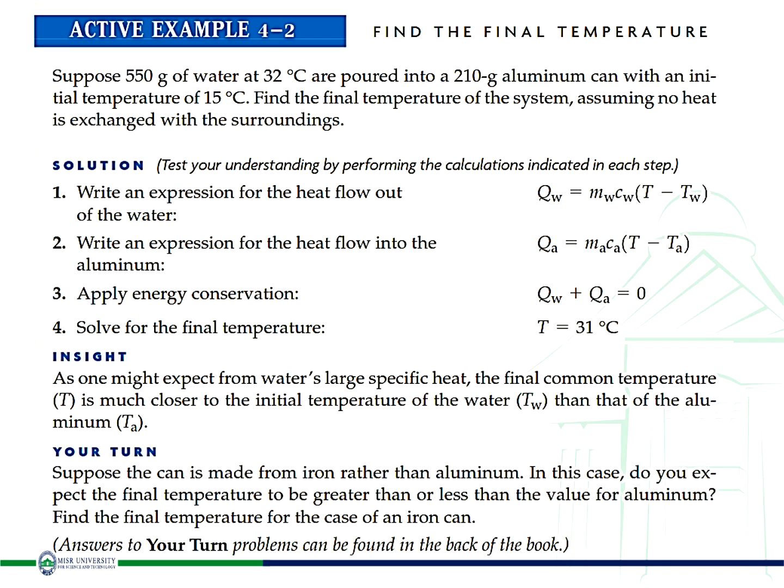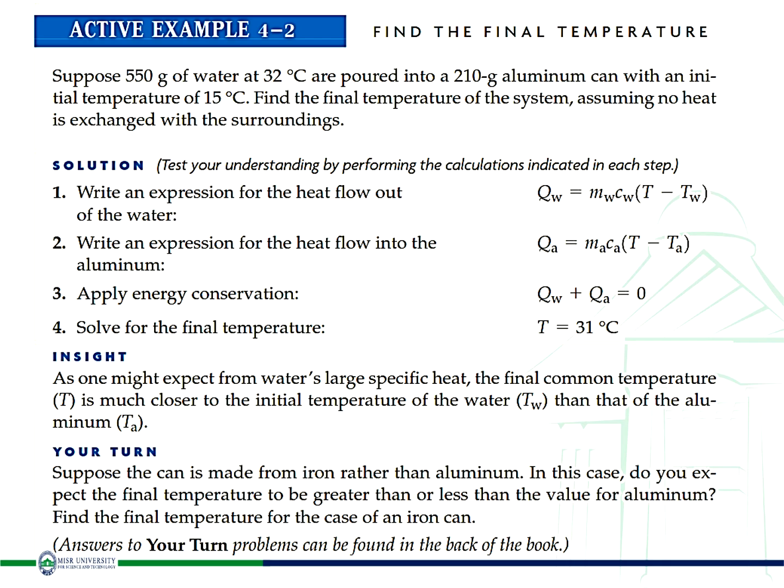This implies the iron can will heat up more easily than the aluminum can would have, effectively taking less heat from the water to reach a certain temperature. If the can is less greedy for heat, the water will lose less of its initial heat, meaning the final equilibrium temperature should be closer to the water's initial temperature. So, I would expect the final temperature to be greater than 31 degrees Celsius.